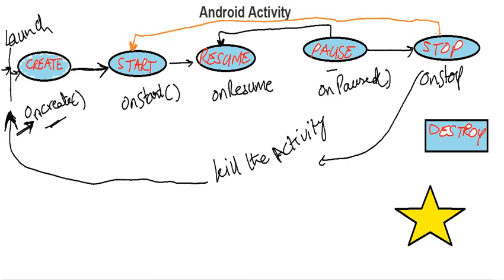If for example the activity is stopped, finished, hidden by some other activity in the system, and it is not killed, because the system can hold a certain amount of activities in the RAM for your application, and the user navigates back, then from onStop it will come to the onStart activity.